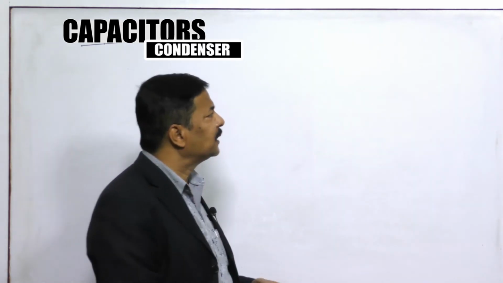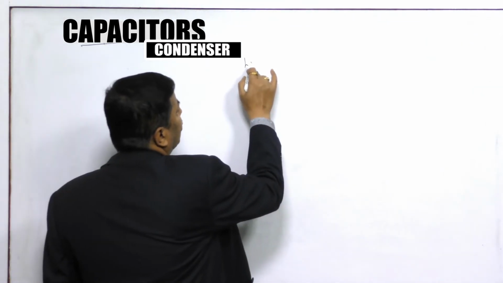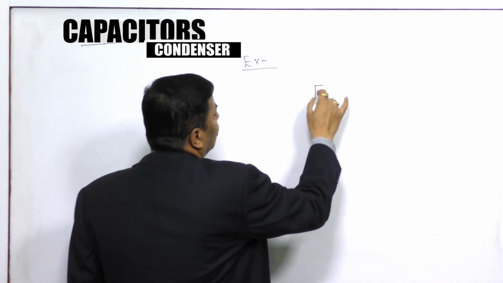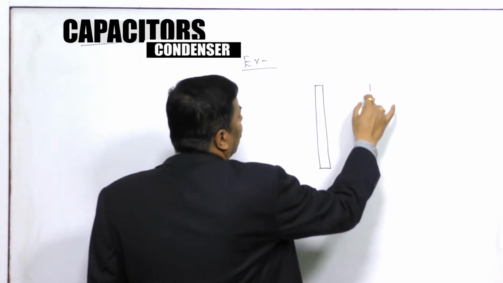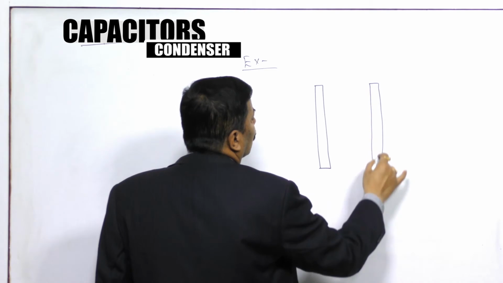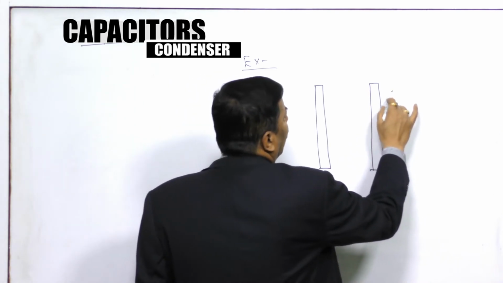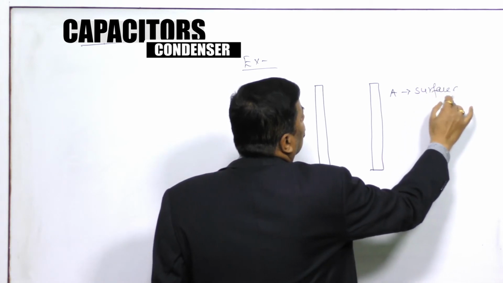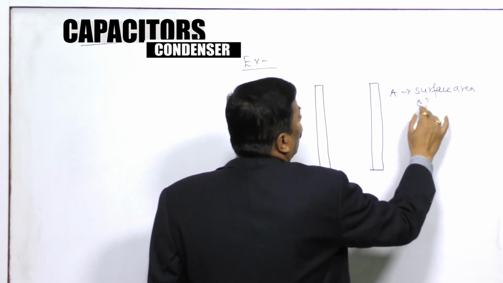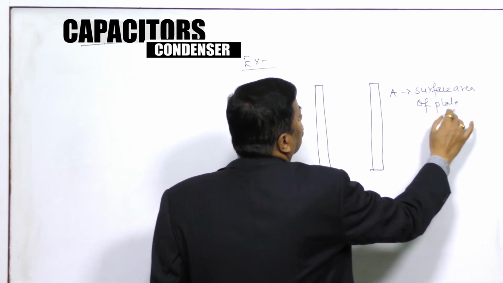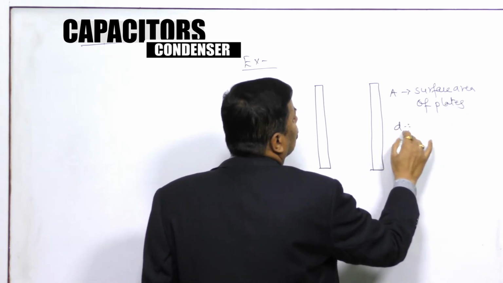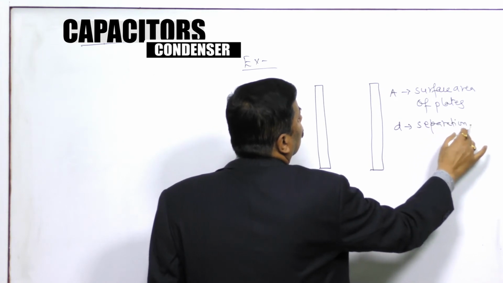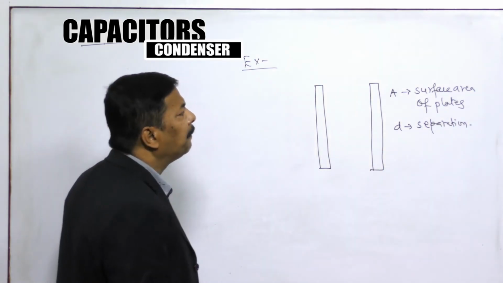Suppose an example is given in this way: parallel plates are given with plate area A, the surface area of plates, and D, the separation between the plates, and air is filled between them.